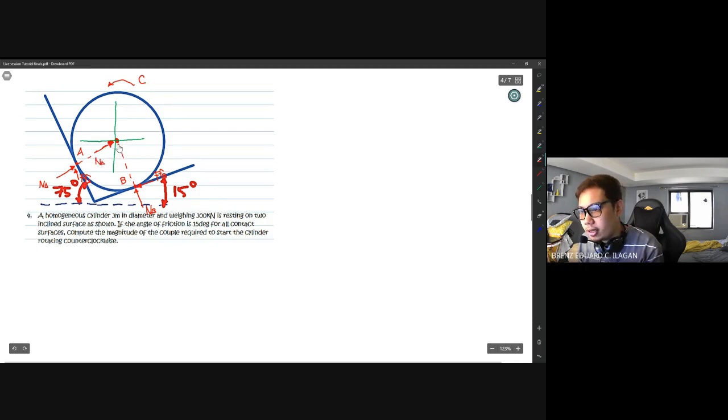And this is our NB. So ano nga yung angle natin? Kahit ako medyo nalilito rin pag mga ganito, no? Kaya ang ginagawa ko, i-drawing ko siya ng panibago. So ito yung normal force.